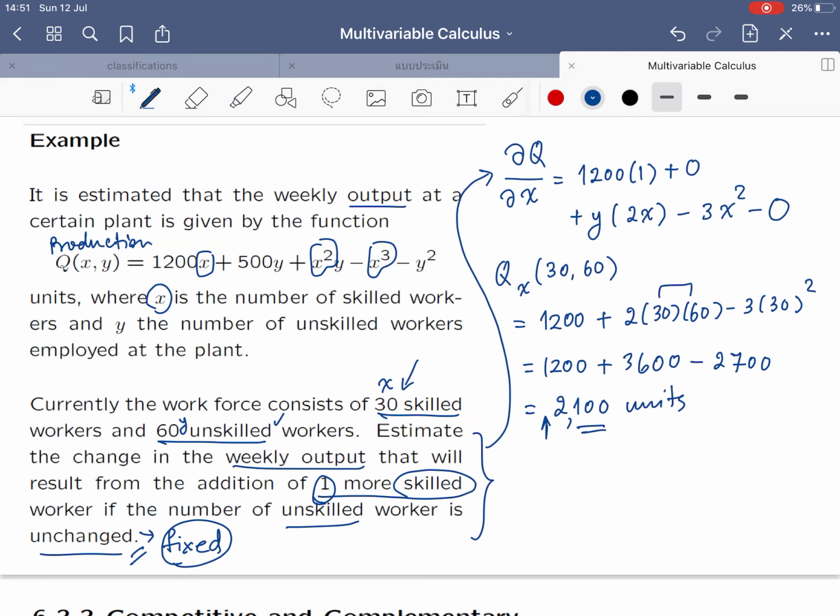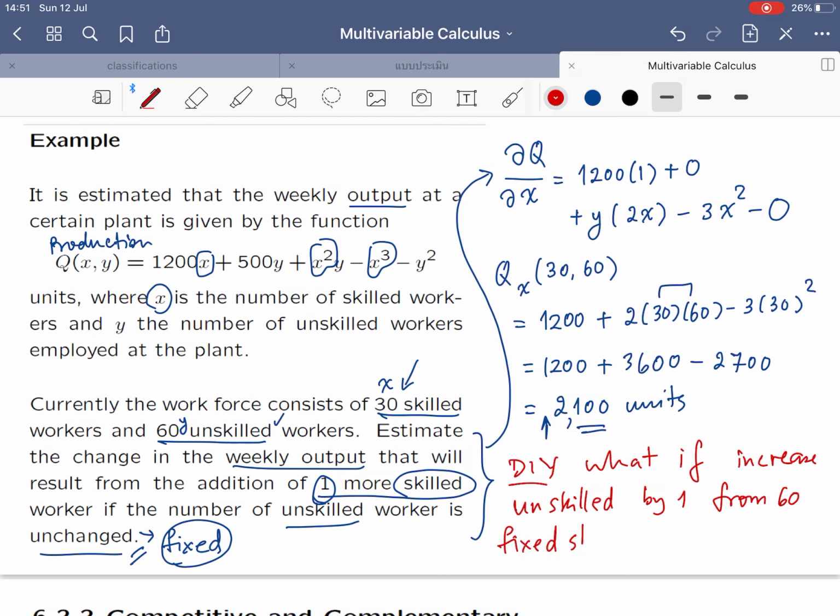Okay, so what if you increase, instead of the skilled, your unskilled by 1 from originally 60, but you fix your skilled still at 30, what will be the change in Q, the production? So it means that you want to find the derivative of Q with respect to y. What will be the change?